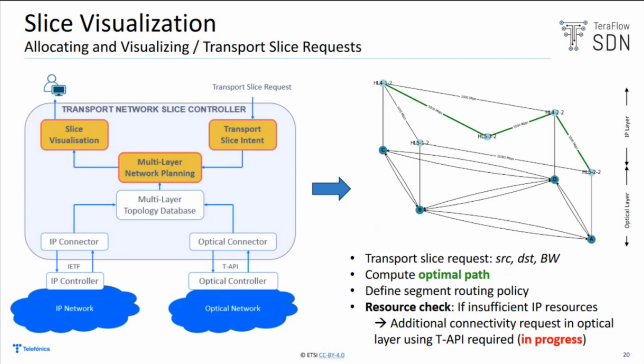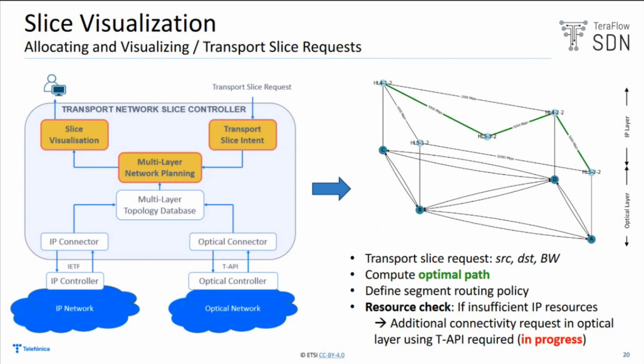This is the process when we send our request. The planner checks if we can create the route. In this case, we have different bandwidth availability in the different links, so we create a new path with these resources.